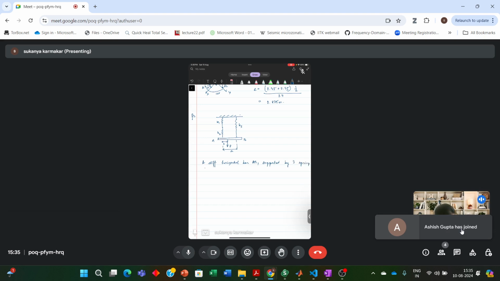The spring constants are K1 is equal to 50 kilonewton per meter, and which is same as K2, and K3 is 100 kilonewton per meter.